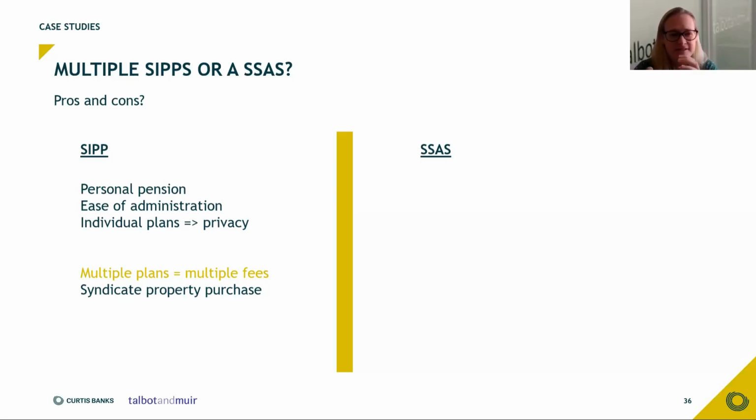I think the downside is multiple fees. So you end up with 5 plans, and just as an example, I think where you can start to look at SSAS is where you have 2 SIPs versus 1 SSAS. As the number of SSASs grow, that SSAS fee looks very competitive compared to 5 individual SIP property fees.